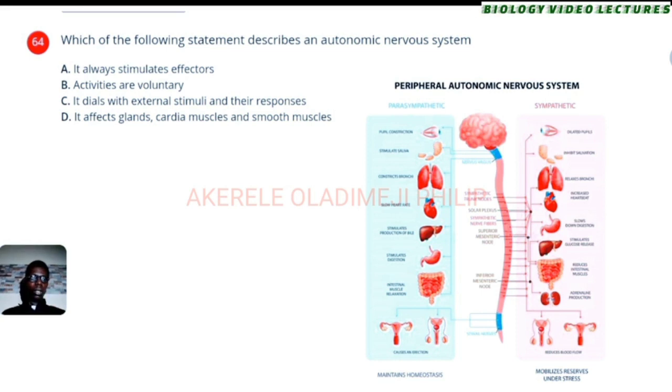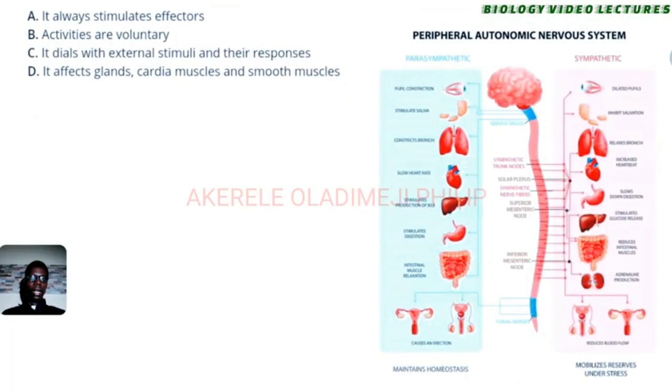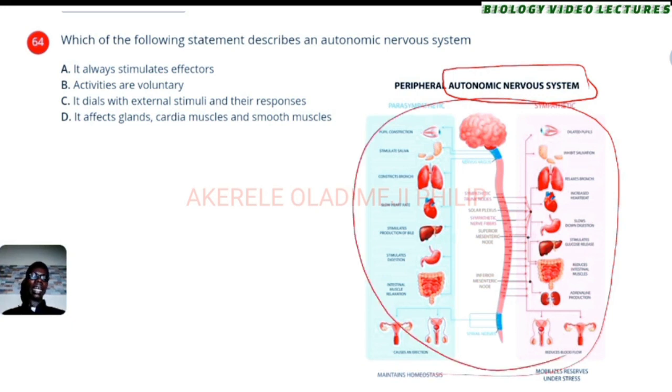It does that, but from what I've put here, this is the autonomic nervous system. The effectors are actually muscles. The reason why I chose these is because most of the functions of the autonomic nervous system are internal, which includes glands, cardiac muscles, and smooth muscles. Almost everything, most of the structures here, fall under that answer in D.